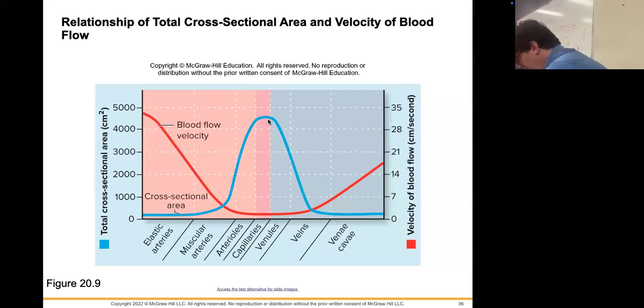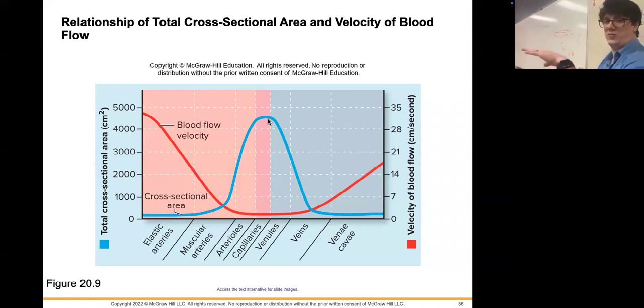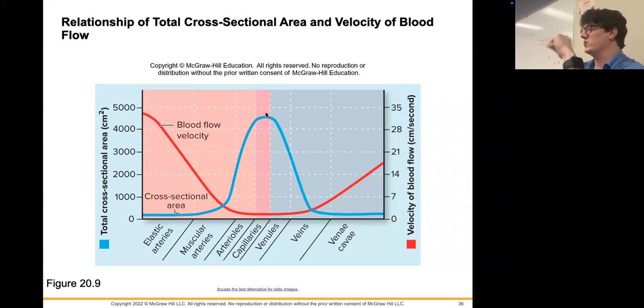However, that also means we have a bunch of places where we need the blood to go slow. Remember how we talked about capillary beds as being like toll booths, where you have to be moving really slow to pass through, otherwise you can't drop your money into the basket? The same thing is happening here. We can't get nutrients into and out of the blood unless it's going slow. So in our capillaries, our blood has to be going very, very slow.